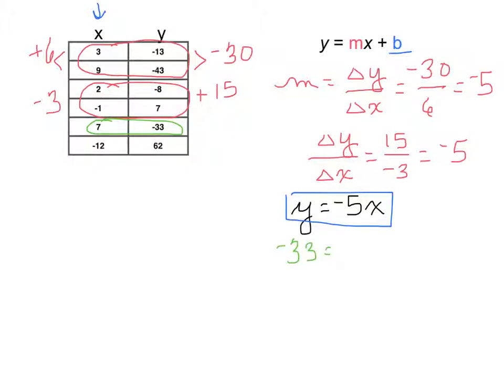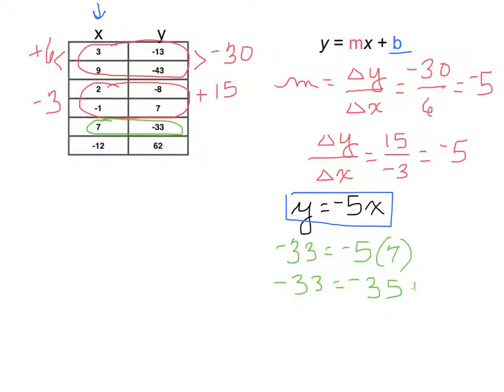-33 is equal to -5 times 7. -33 is equal to a -35. Well, we know that that's not a true statement. So mathematically, you need to think to yourself, if you're at a -35, what do you need to add or subtract to get to -33?